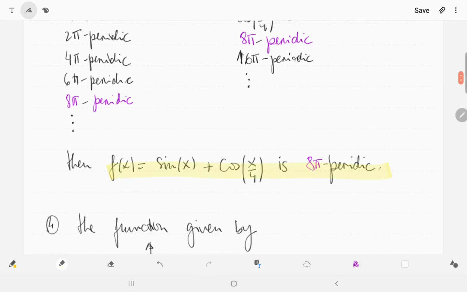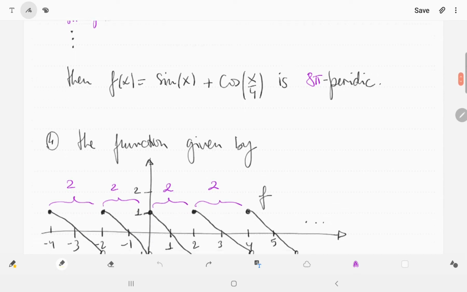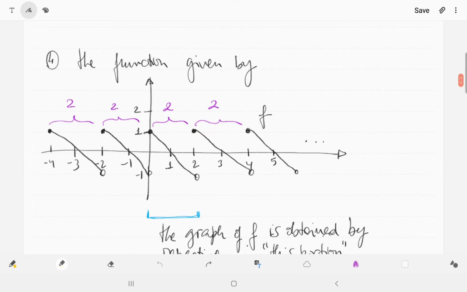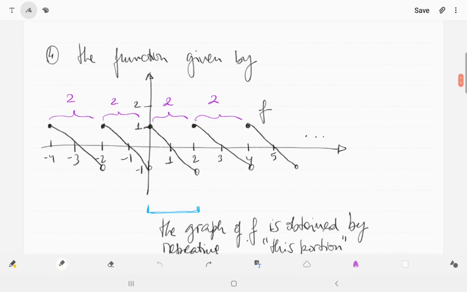As we say here. Fourth example, we have this function given with this graph. Just a line between this point and this point, but here we are not including this point in the graph. The distance between these two points is 2, and then this graph repeats itself all over the real line.